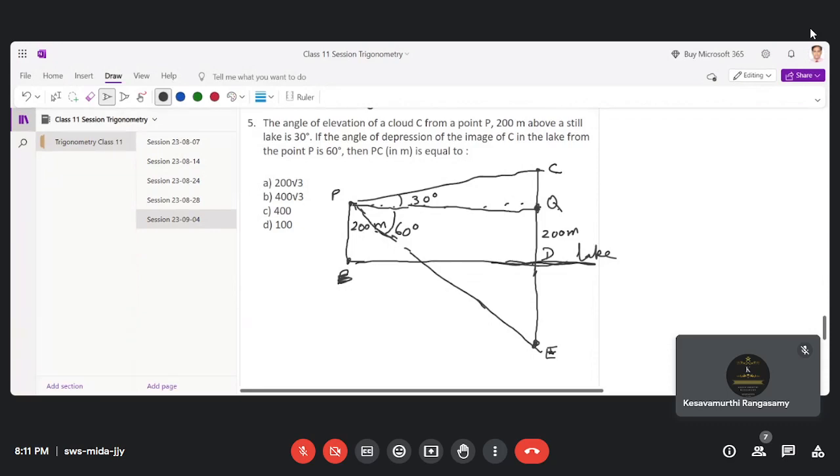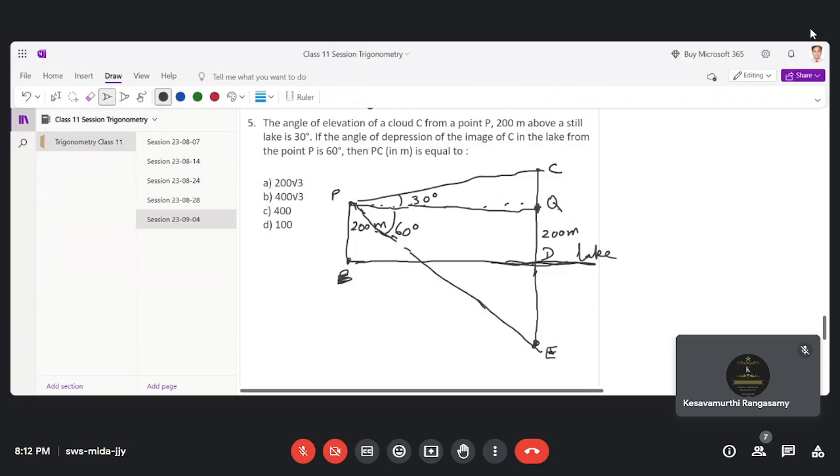Are you able to progress? Sundaresan, Paul, Shanmugam. I know that Akshaya is not in a position to do. Rest of you, are you able to do it? Sir, option B is correct, I think so, sir. Okay. So you got 400 into root 3, distance PC. What about others?